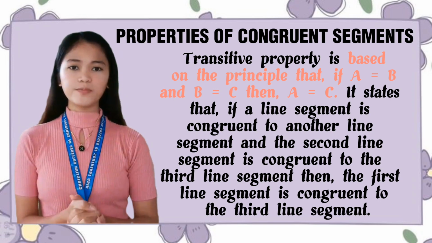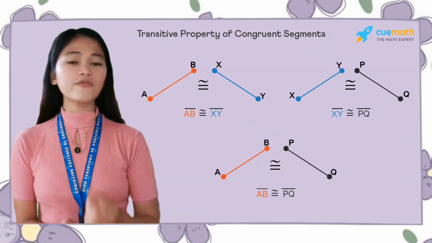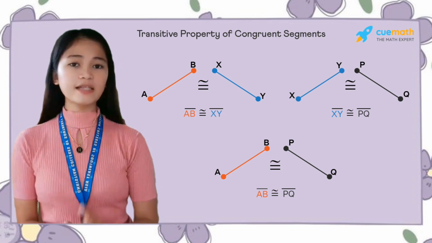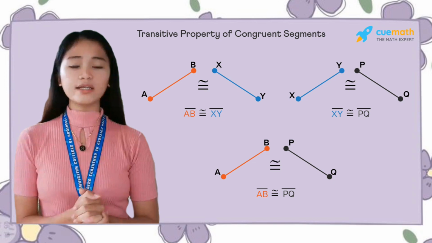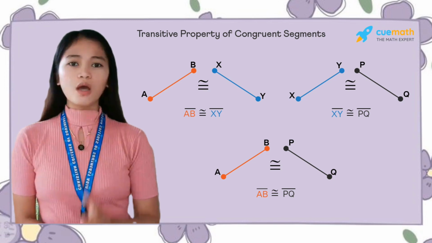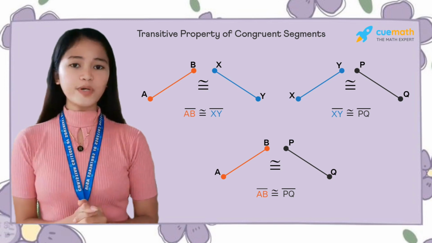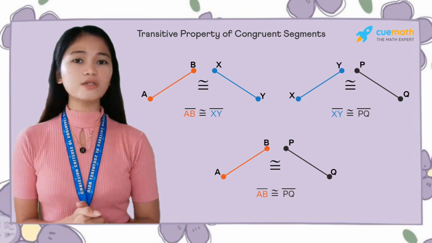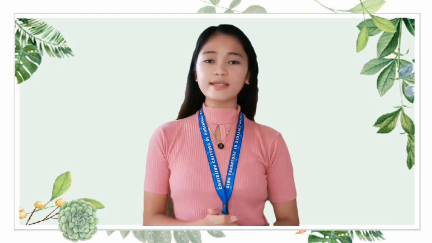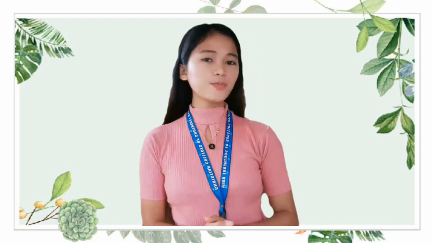From the figure on the screen, we can see that AB is congruent to XY and XY is congruent to PQ. So by using the transitive property, we can conclude that AB is congruent to PQ. So that's all about congruent segments, and now let's proceed to congruent angles.